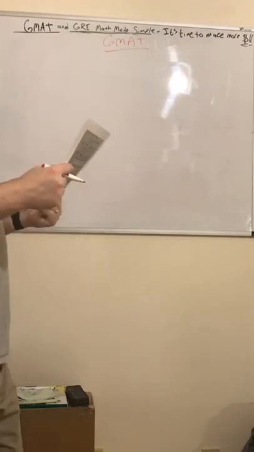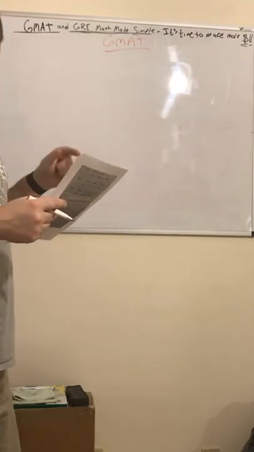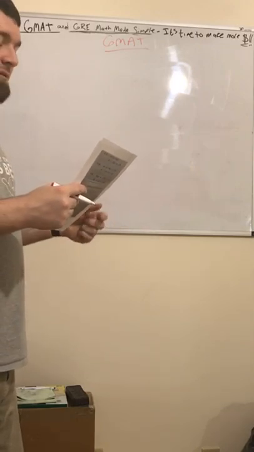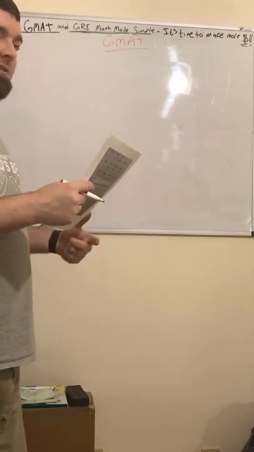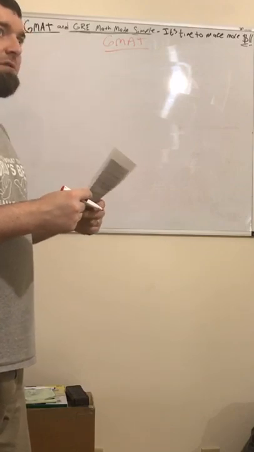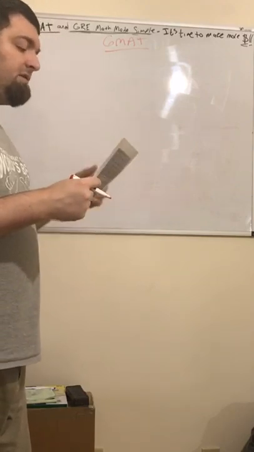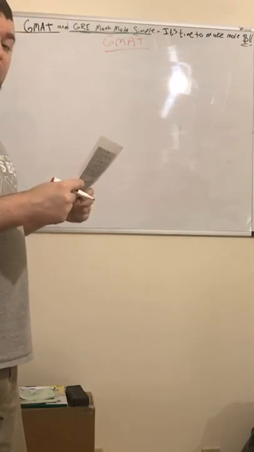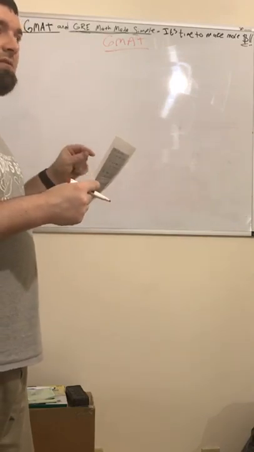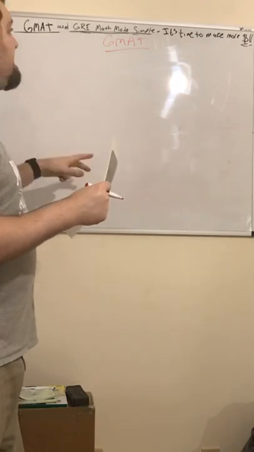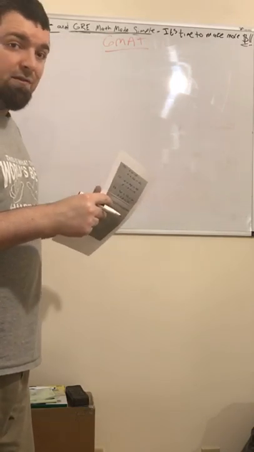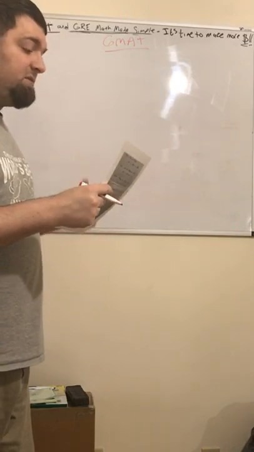They give one, that the first statement is sufficient and the second one is not. The second option that they give you is that the second statement is sufficient, but the first one is not. And the third one, they say that both 1 and 2 don't suffice separately, but when you add them together, they suffice and they answer the question.